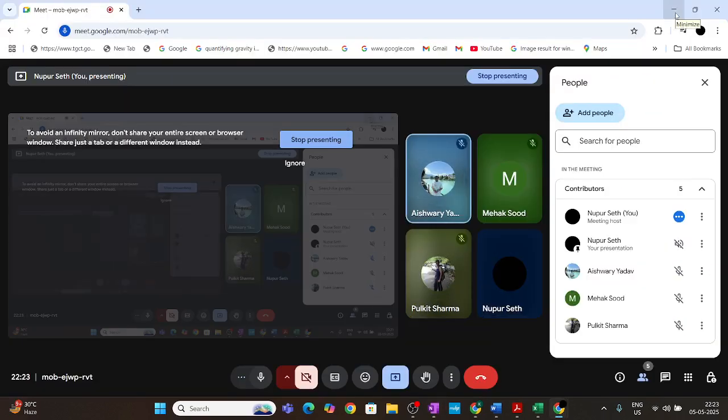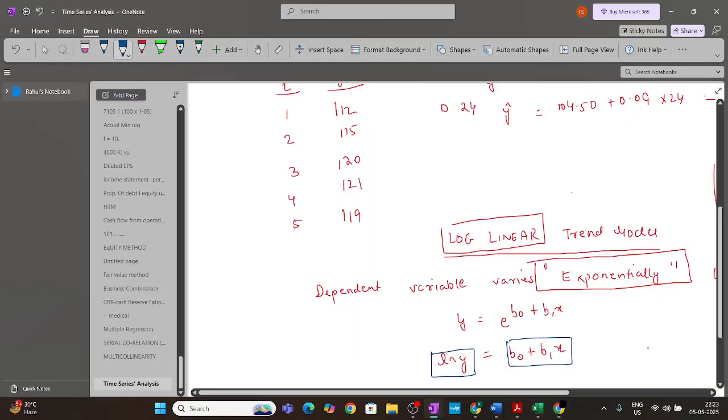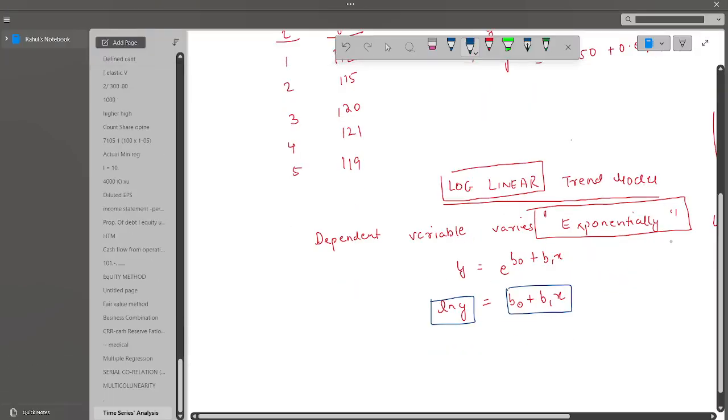No, sir. So this is the idea when you have some time series that grows exponentially. You don't use a linear trend model, you use a log linear trend.